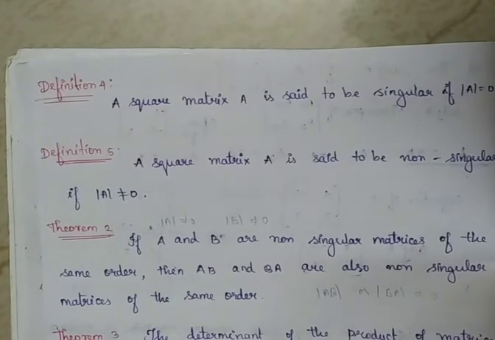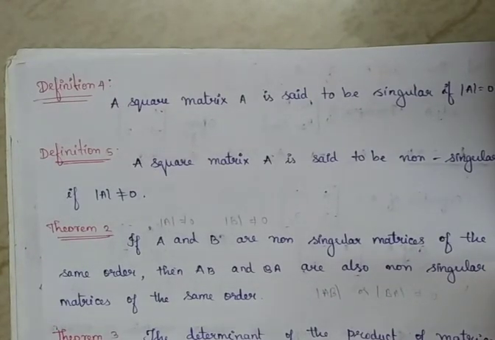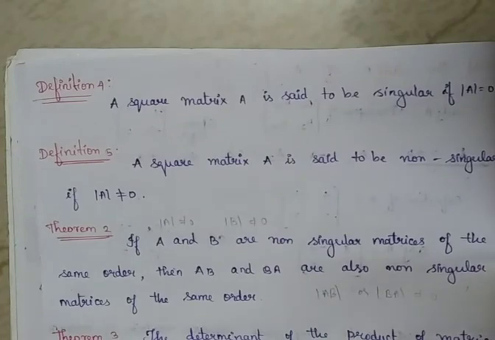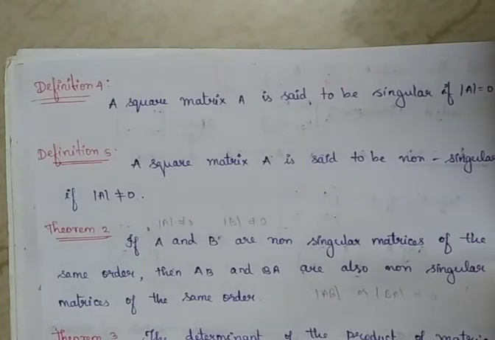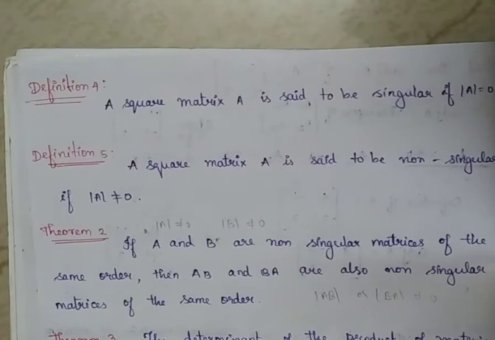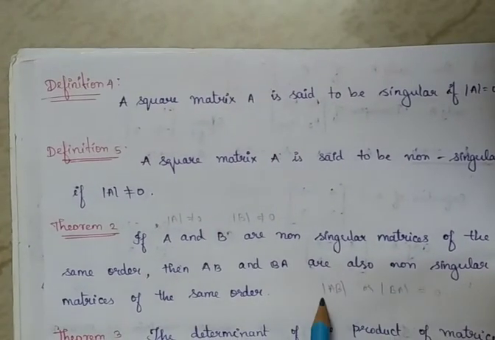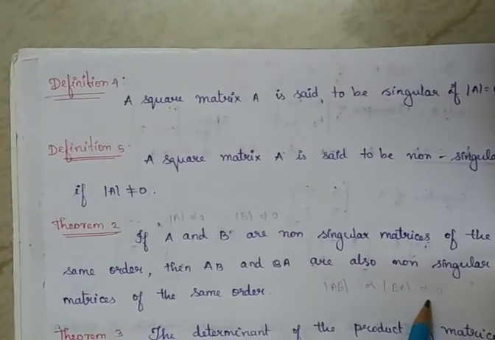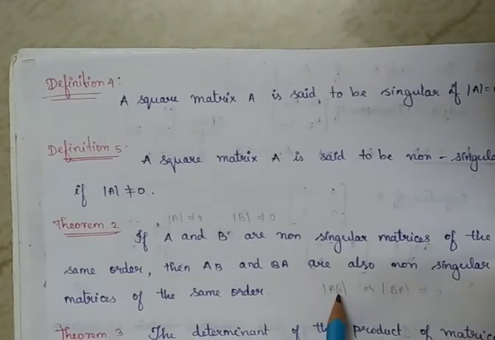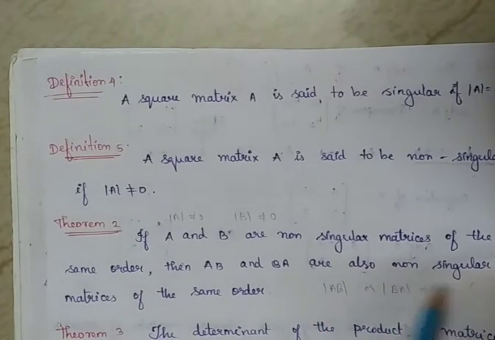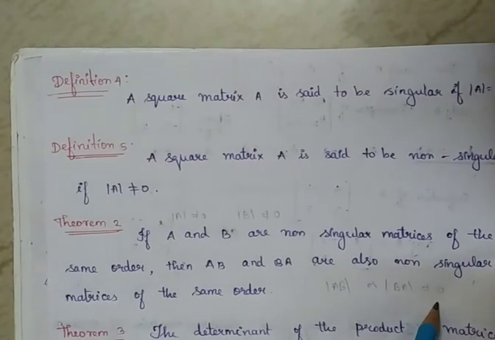After multiplying those two matrices, the resultant matrix that we are getting will also be a non-singular matrix, that is, its determinant value will not be 0. Therefore, after multiplying, that matrix is also a non-singular matrix of the same order.